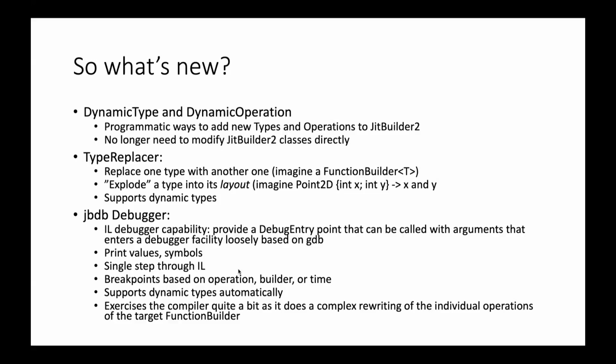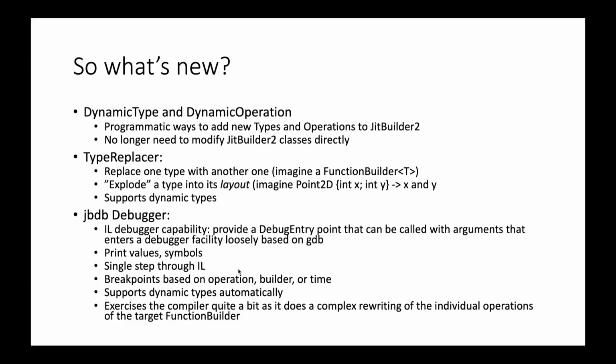The second one is an operation called explode, which is designed for taking a user type. And actually, one of the things I should have mentioned when I introduced dynamic types is that when you define a dynamic type, because JitBuilder 2 doesn't natively understand what that new type is, part of what you have to describe to it is how to convert that into the native types that JitBuilder 2 understands.